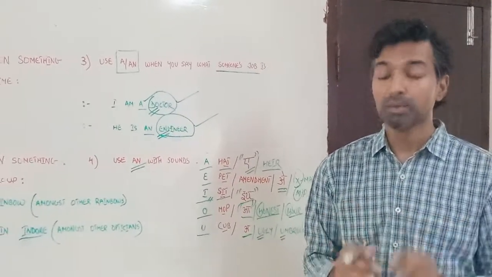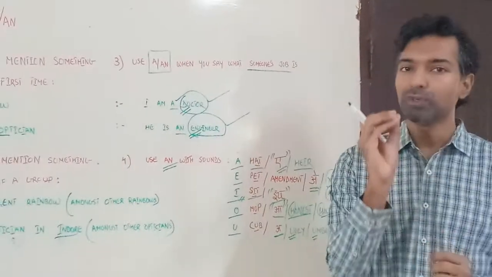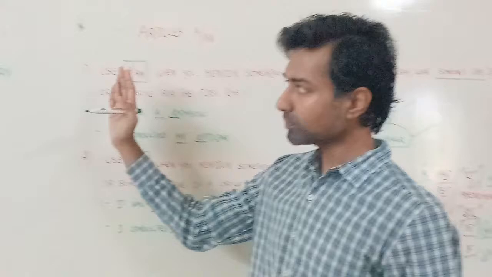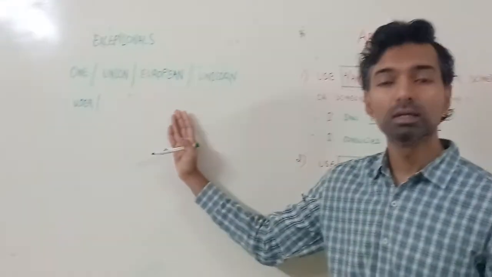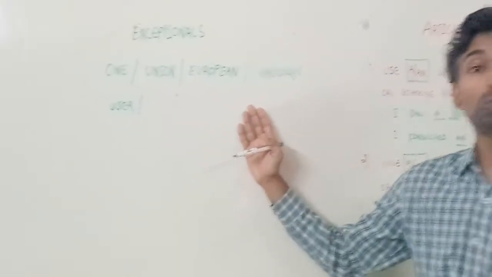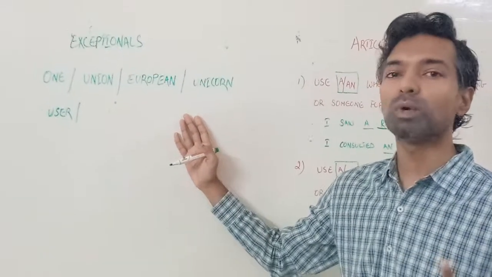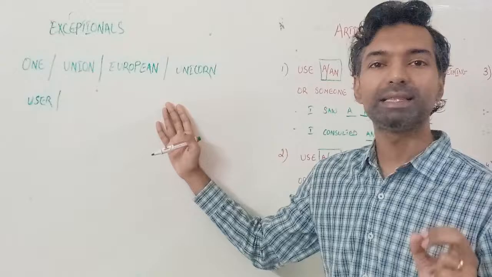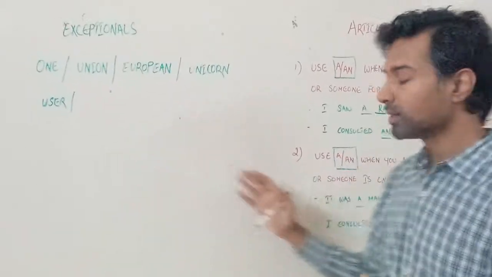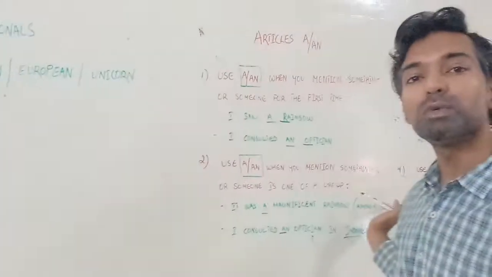Last but not the least, in the next few seconds of the video, I would want you to shift to this portion of the board. The board talks of certain words which begin with vowels, but they don't sound like the vowels I previously talked about.